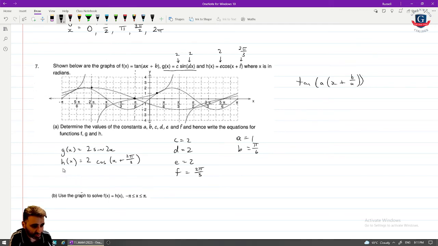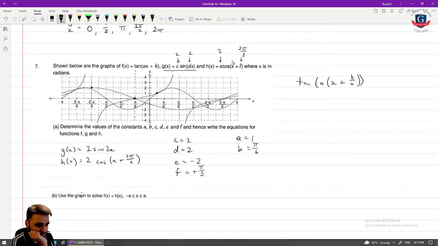So what's this going to be? Oh, I can put in here what they've said. They've said the function's upside down at that point. That would be negative 2. And it's been shifted positive pi on 3. I don't disagree, it's just a different way of saying the same thing. So in that case, that's going to be e and f.